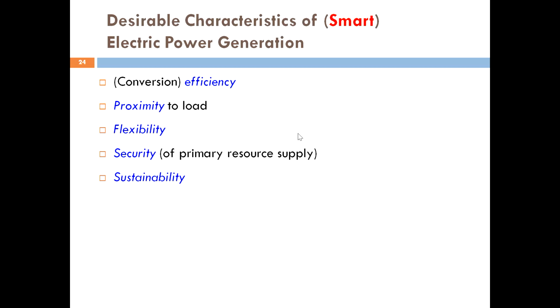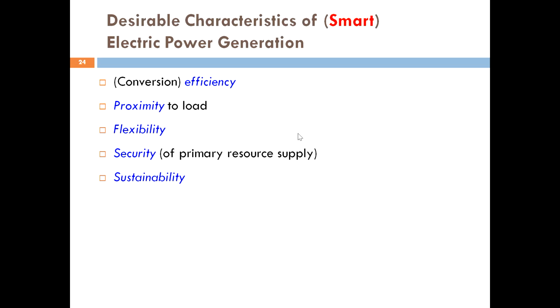Proximity to load. This is a very desirable characteristic of power generation. The closer it is to the load, the greater the efficiency. Then flexibility is important in terms of the location, the size, as well as the operation.